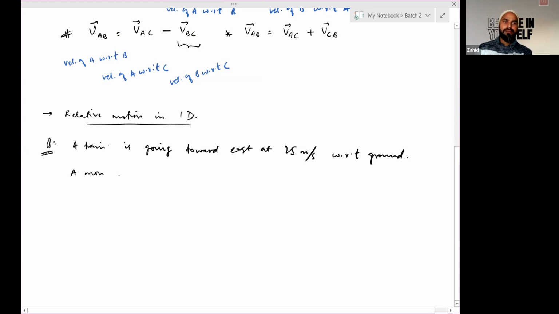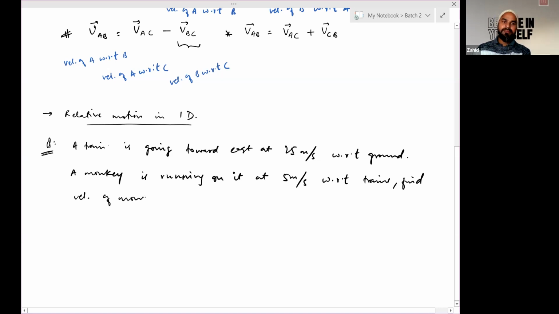A monkey is running on it at 5 meters per second with respect to the train. So find the velocity of the monkey with respect to ground.